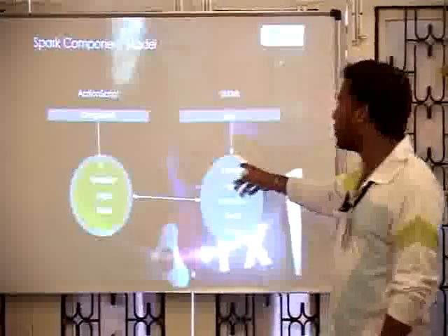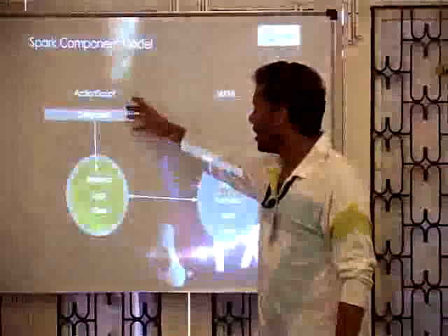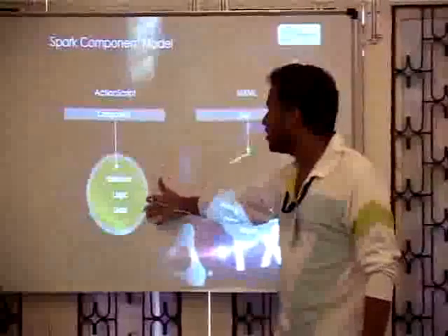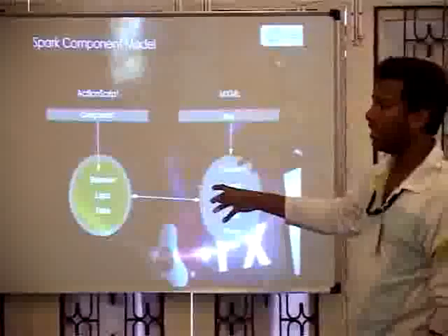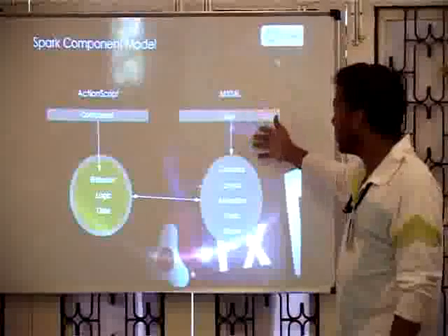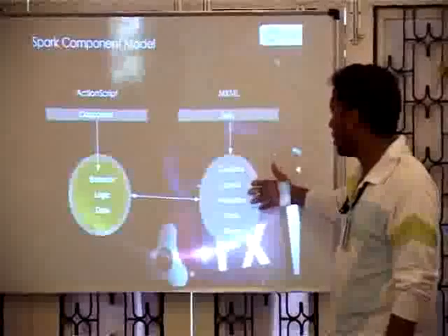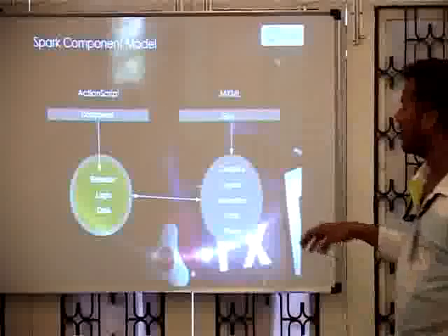And this is the Spark component model. It means the component and the ActionScript, the behavior, logic, and data are in a separate file, and we can use the skin separately in MXML format, with graphics, layout, animation, paths, and states. We can maintain it separately.